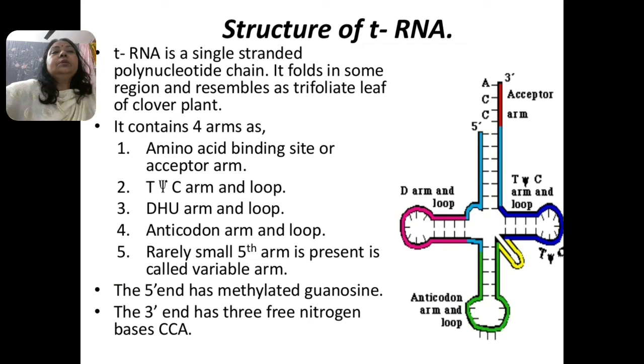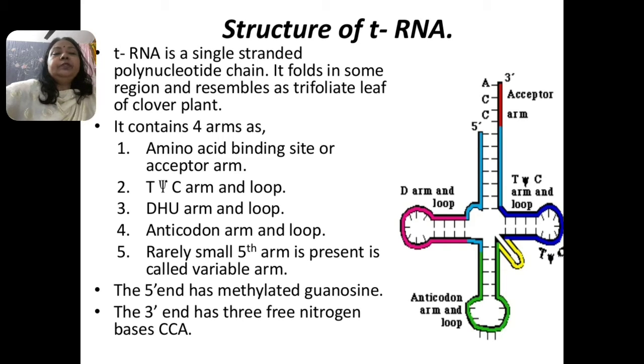The DHU arm is basically a tertiary feature of transfer RNA, having 2 D arms and 1 D loop that contain dihydrouridine. That's why it is called the DHU arm, and then the anticodon arm and loop.